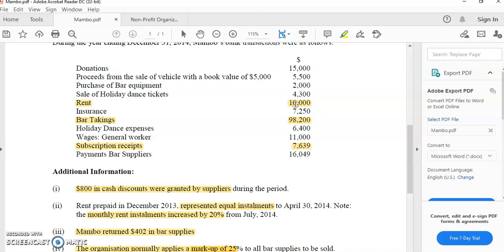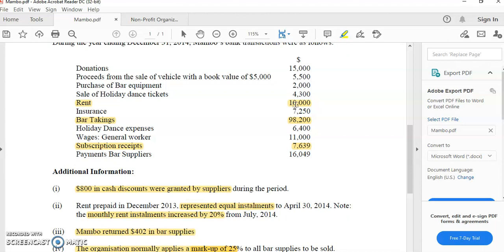So this $10,000 is payment from May to December, because the $4,200 was paid previously.